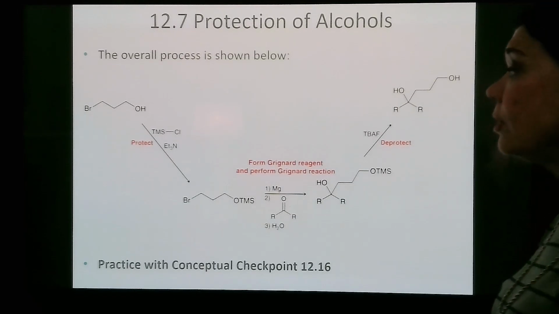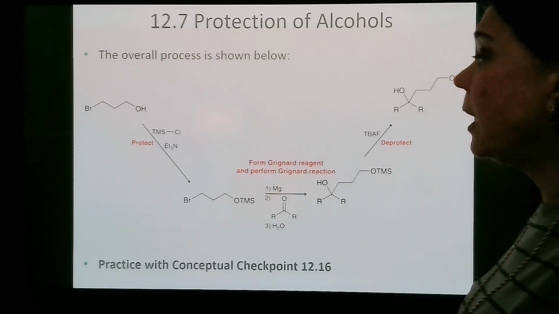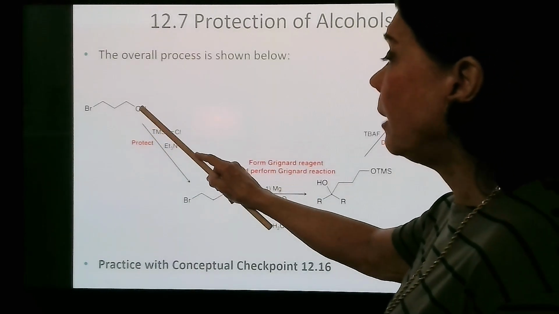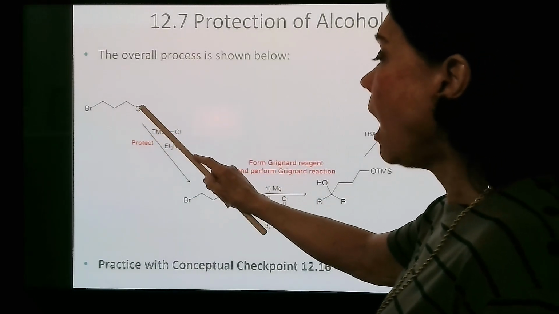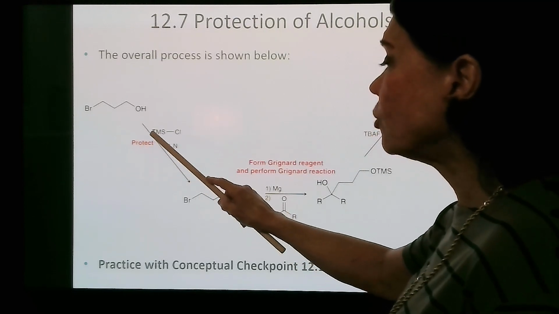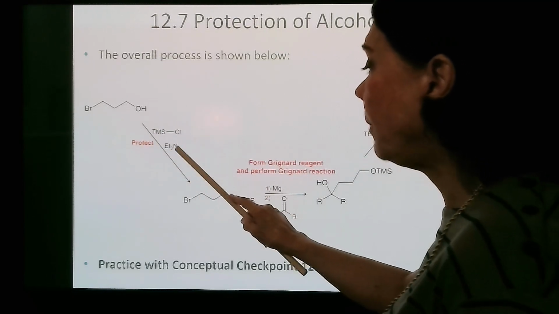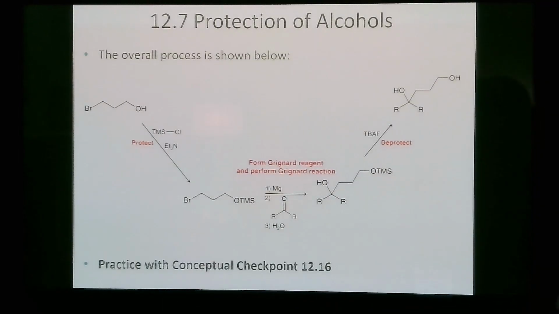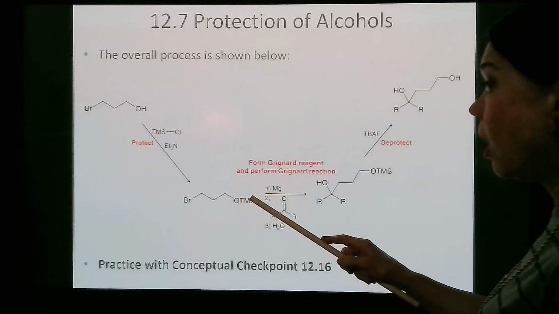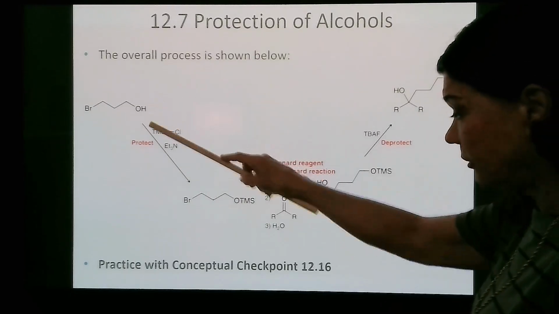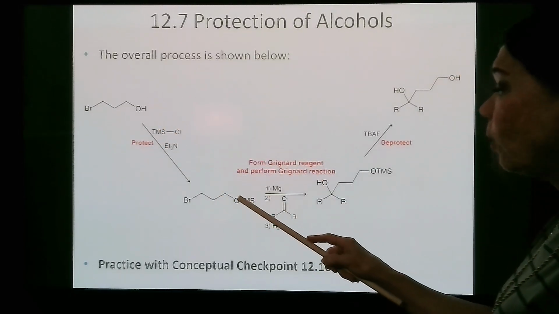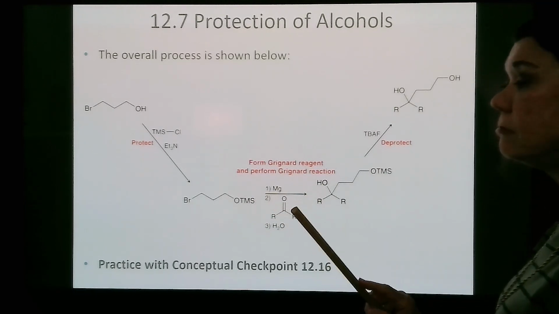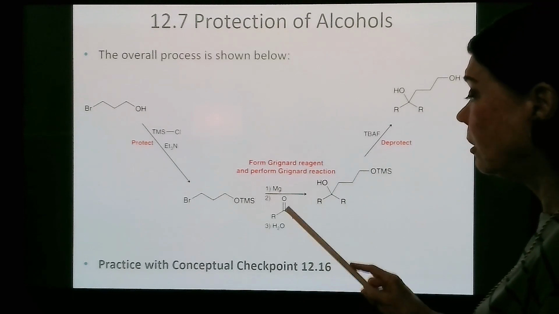So now let's look at the overall reaction. So now what you do is you protect the alcohol functionality. So the oxygen comes in, does a backside attack on the trimethylsilyl. You have the chloride depart with the triethylamine picking up the proton and to occupy the HCl so that it doesn't react. Then, once this is protected, you can do the Grignard reaction just as usual.